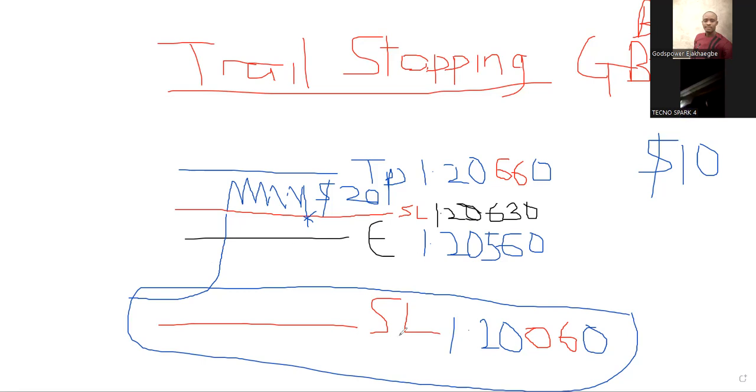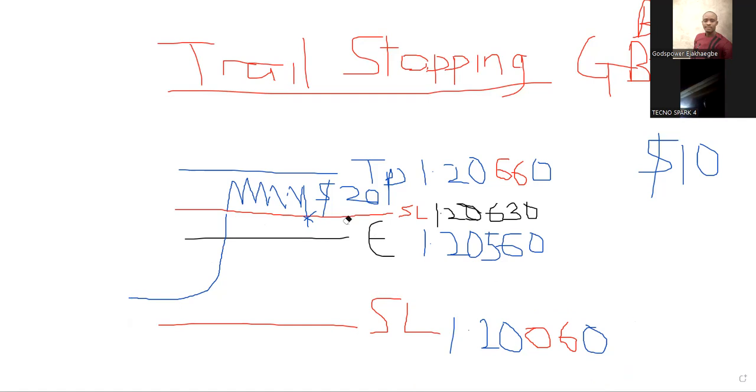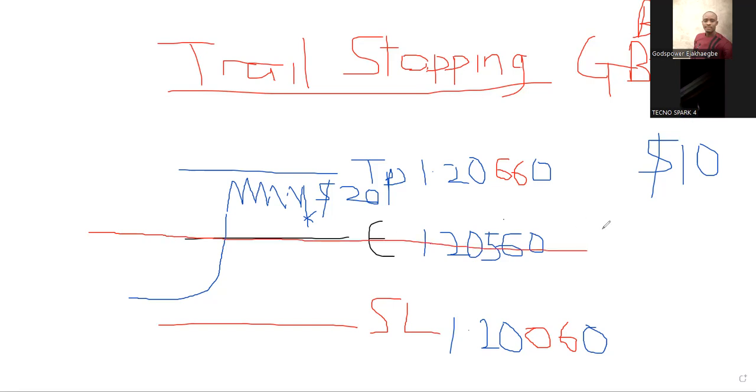Let's say you have a trade. This trade is here. I'm talking about break even now. This stop loss, you can move it and put it on this entry point value. But remember that the only way you can move that stop loss line to that entry point is when you change the value to the entry point value.